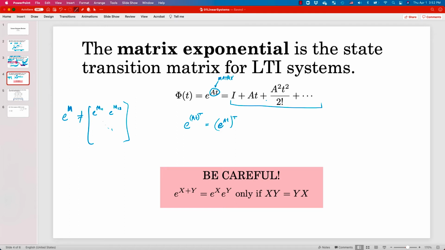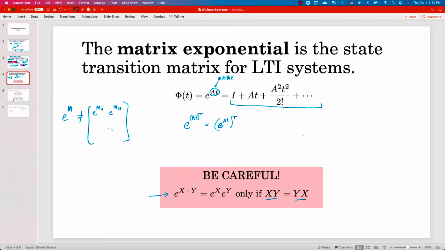One thing that is not in general true is what I have down here, which is what you would want if this acted like a scalar exponential. And I say be careful because this is true sometimes. It's true when the two matrices commute, but it is not true in general, because this is not true of matrices in general. So it's powerful, but you can only use it in the way that it should be used.